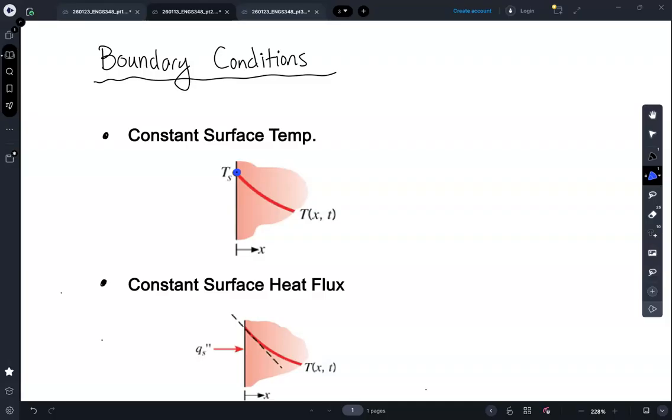Constant surface temperature, what that would mean is the temperature of our object's surface is held at 50 degrees or 10 degrees or something like that, and it's just held at that one constant temperature.